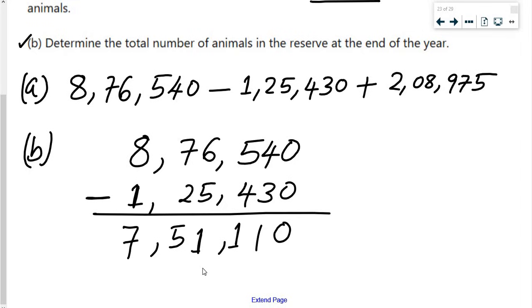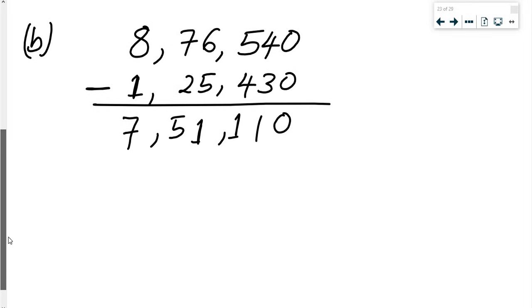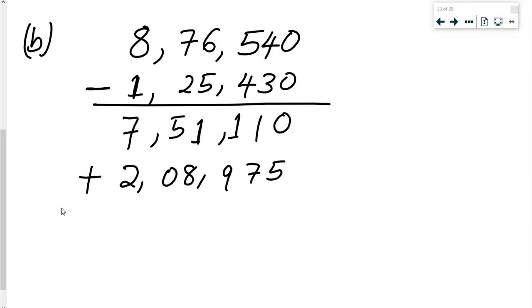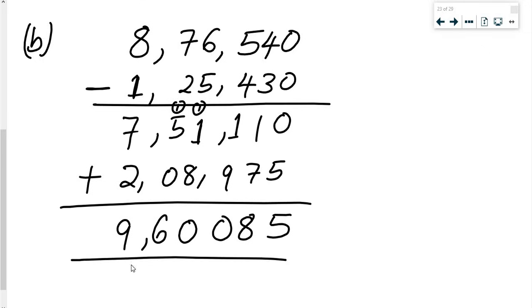These are animals remaining. Then 208,975 animals were introduced, means move in. So we need to add 5, 8, 10, carry 1, 9, 10, carry 1, 5, 6, then 9.